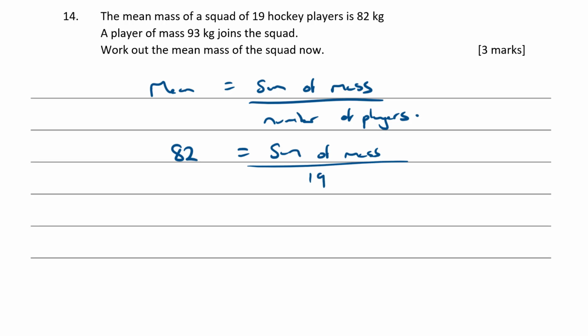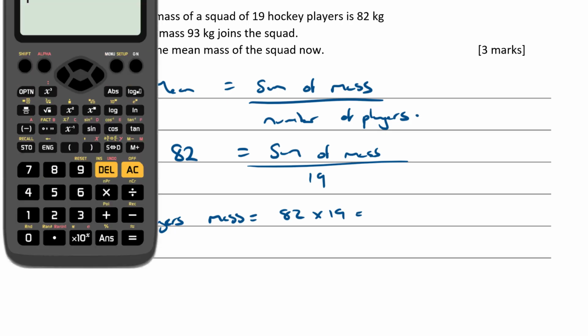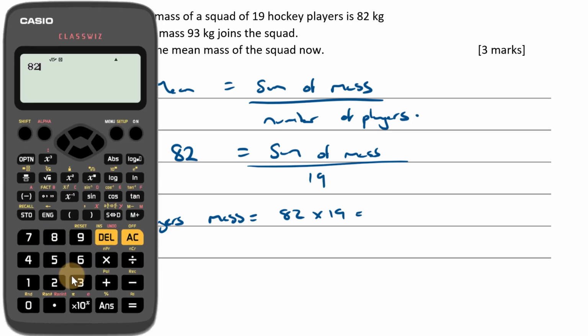That means that the 19 players have a mass of 82 times 19. So they weigh 1,558 kilos between them.